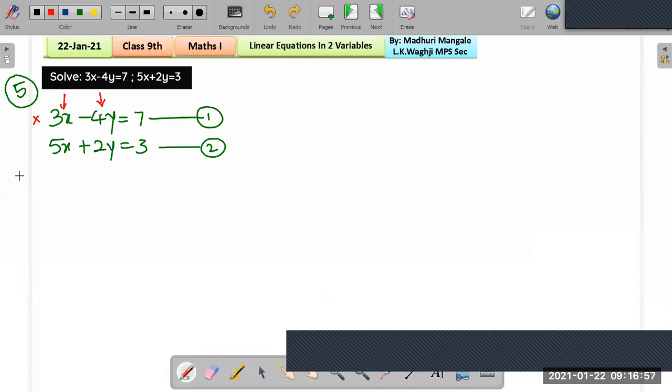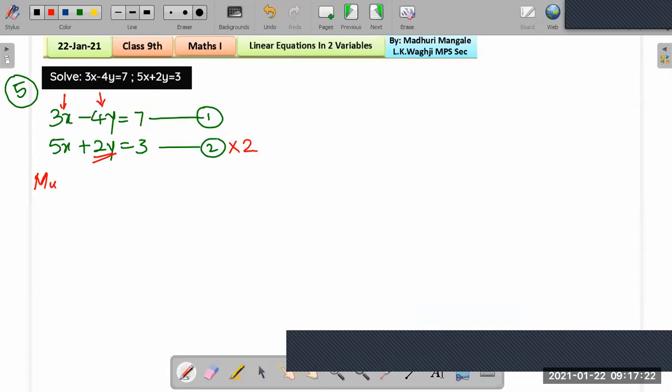Look at the coefficients of y. The coefficient of y is 2 here and there it is minus 4. Can we multiply something to this 2 to get 4? So simply if we multiply this second equation by 2, we can see that the y coefficients will become the same.